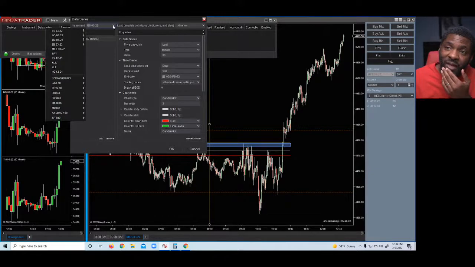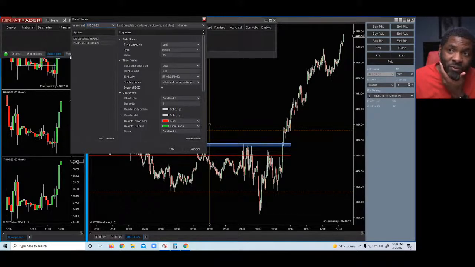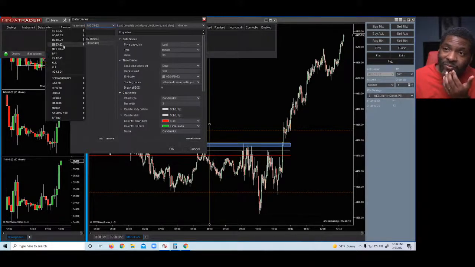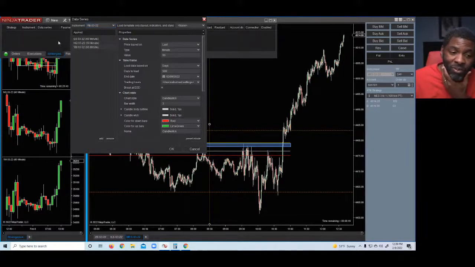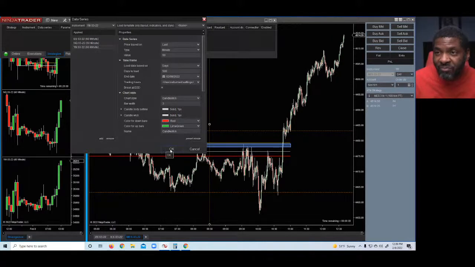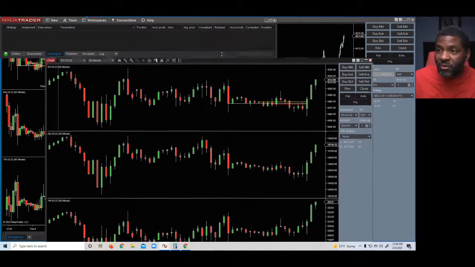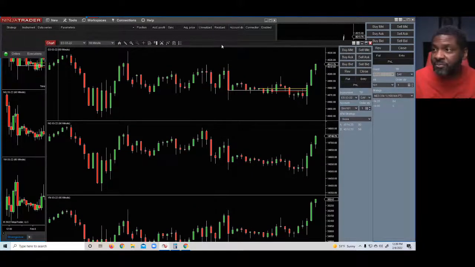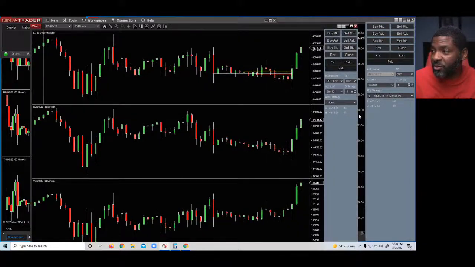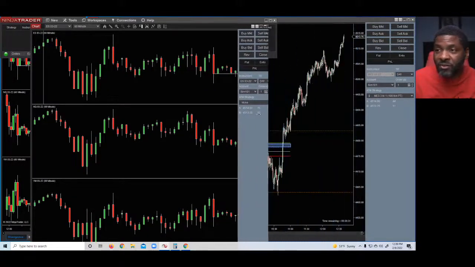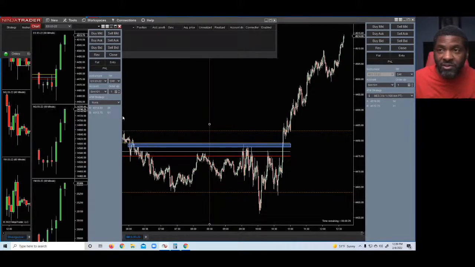I want the NQ. I want the Dow. Put all three of them on there, hit OK, and there you go. You got a window with all three of them in there.